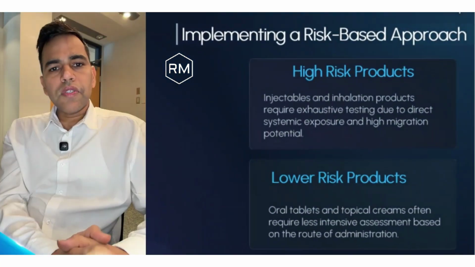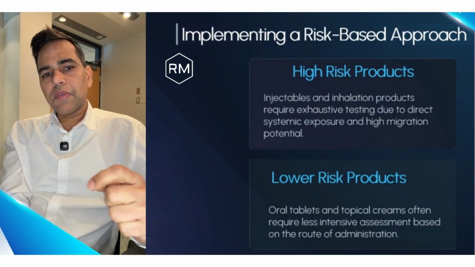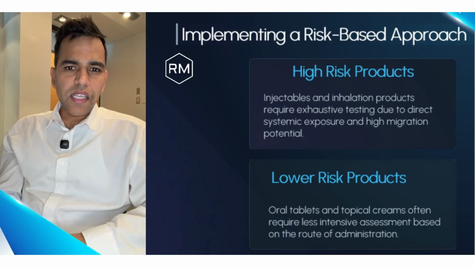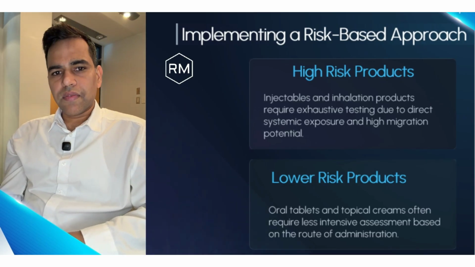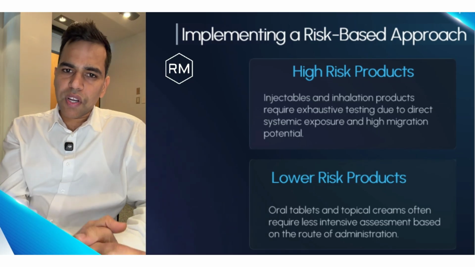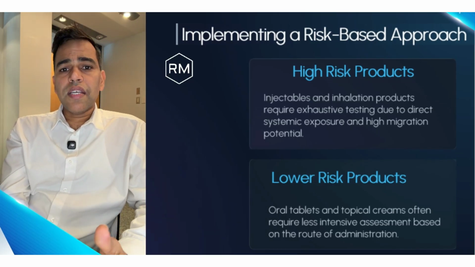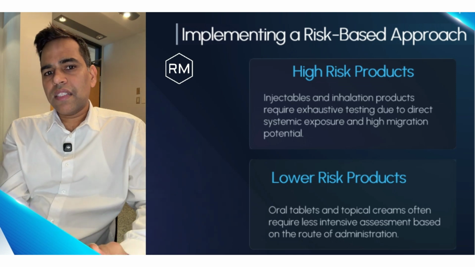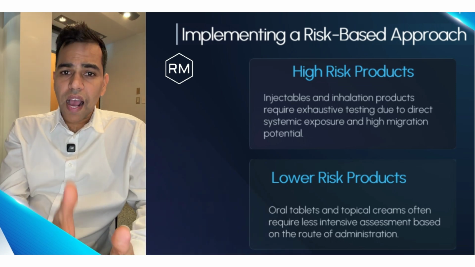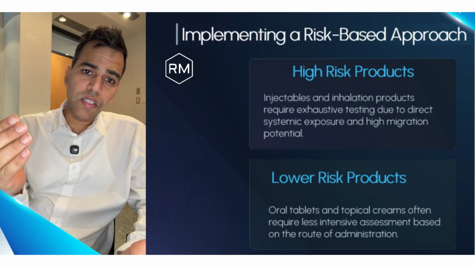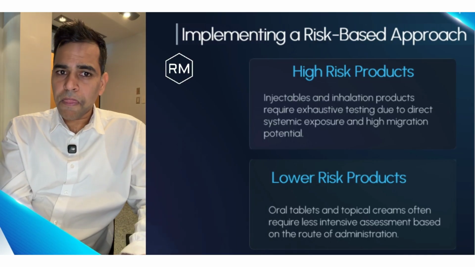Now let's talk about implementing a risk-based approach. USP strongly emphasizes a risk-based strategy. Not every product requires the same level of testing. For example, injectables and inhalation products are high risk because they directly enter the systemic circulation.